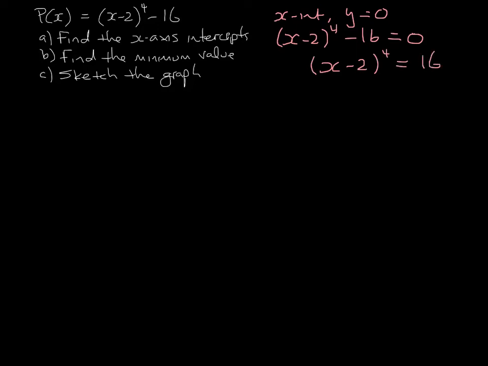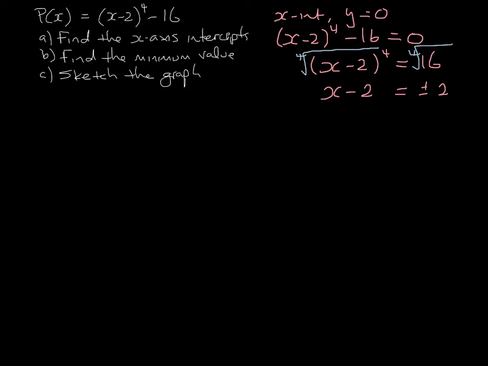Now if I take the fourth root of both sides, that will mean we have on the left hand side simply x minus 2, and on the right hand side the answer of plus or minus 2. It's an even power, so it's an even root that we've taken, and we need to allow for both the positive and the negative root.